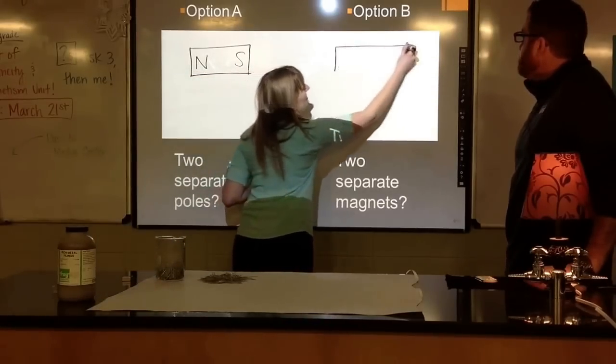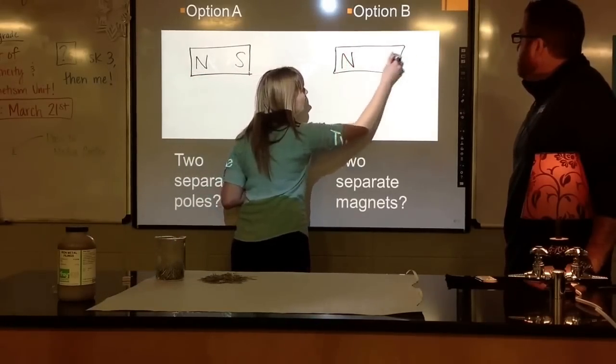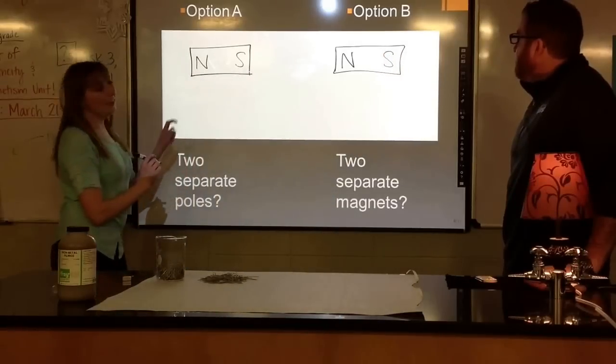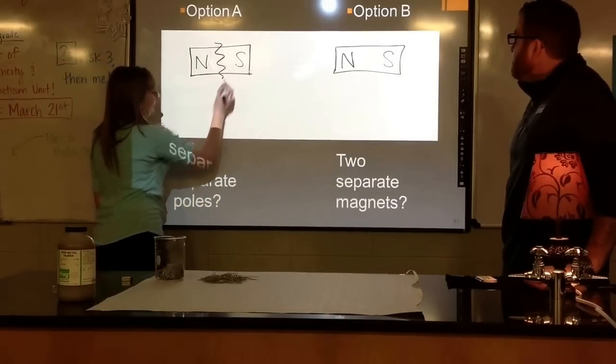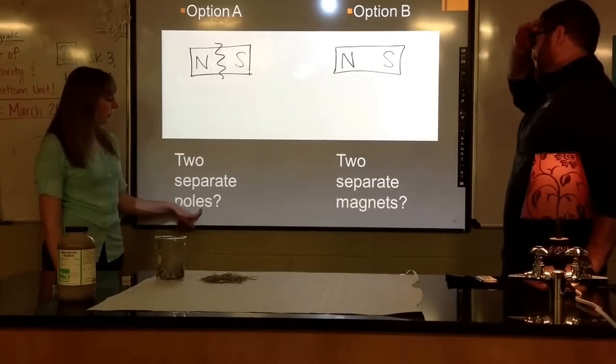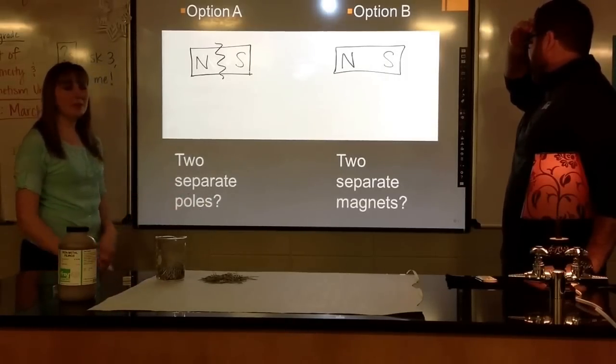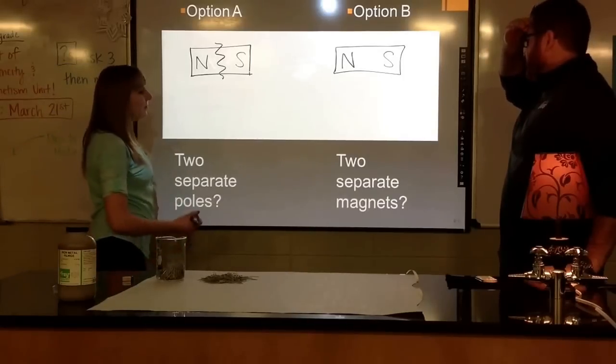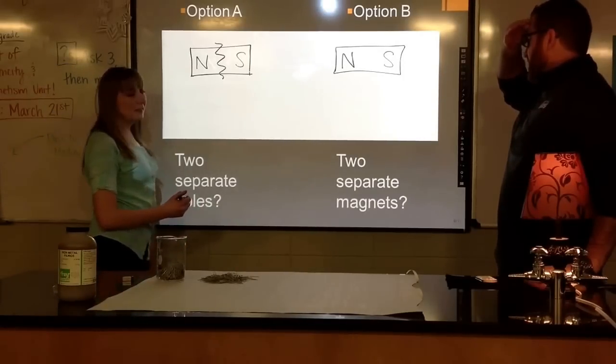We're going to have the same option over here. If we break that magnet in half, what do you think? My clue down here for you is that one option would be that we get two separate poles. What would that look like?